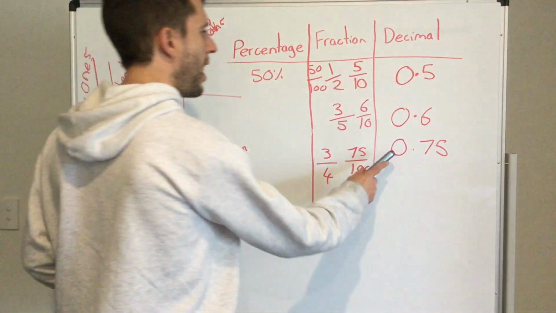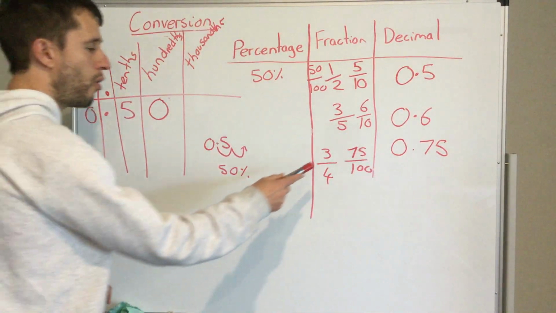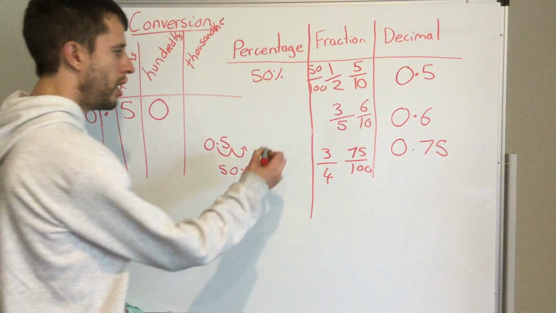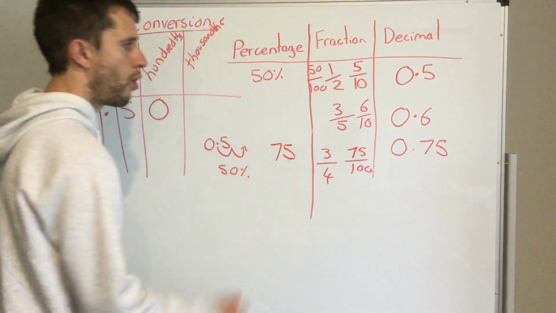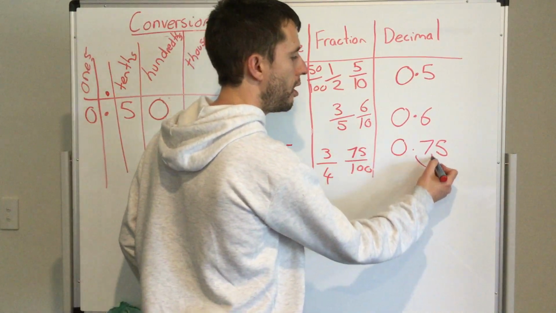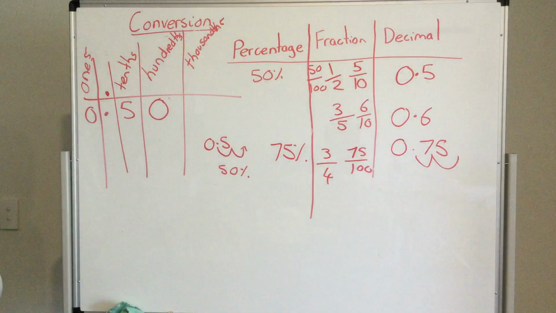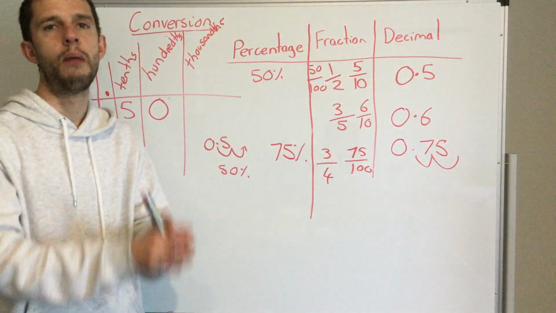Exactly the same if I'm looking at 75 out of 100. We already have this out of 100, so I'm going to say it's 75, or move the decimal spot 2 places to the right because it's getting 100 times bigger.